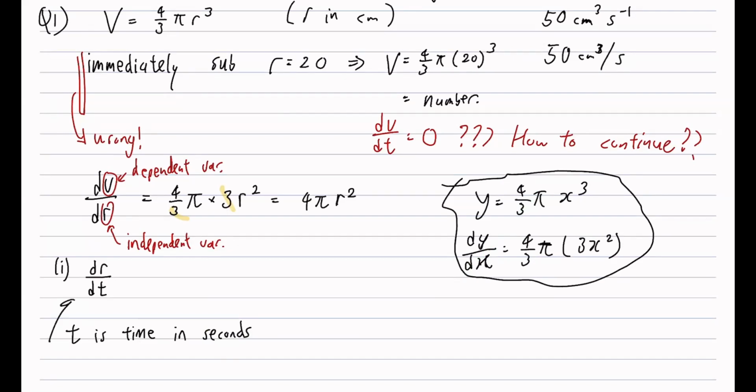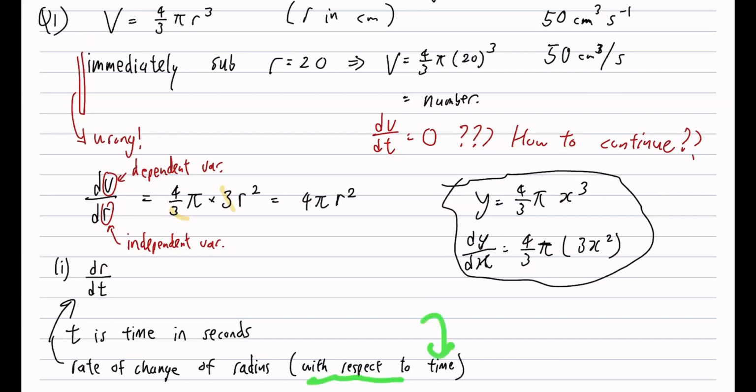This is read as rate of change. It's no longer just dr by dt. It's rate of change of radius with respect to time. This phrasing, with respect to time, will not be mentioned.